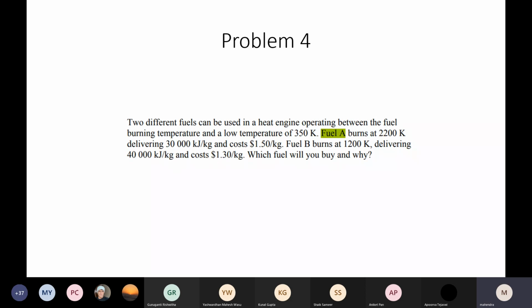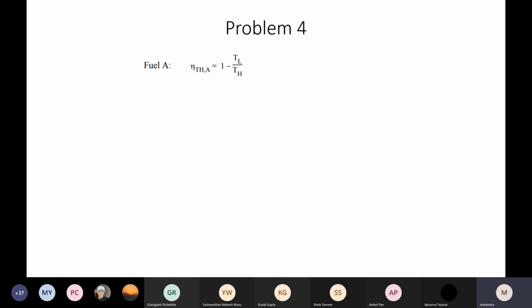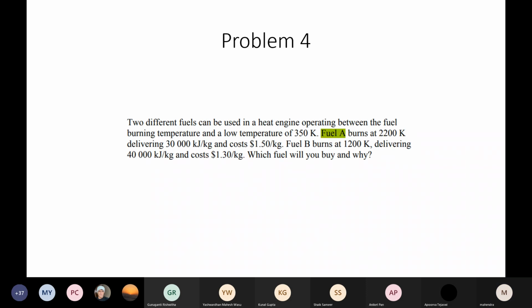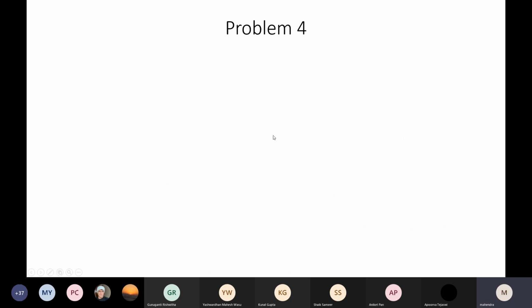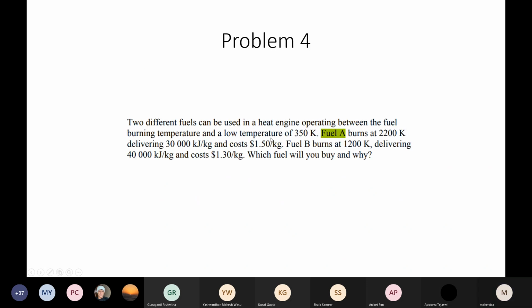Okay, so let us see the solution of this problem. Anyone solved this? Okay, let us see here. The fuel A. Anyhow, we are considering this is the efficiency. The low temperature for both the cases is 350 Kelvin.